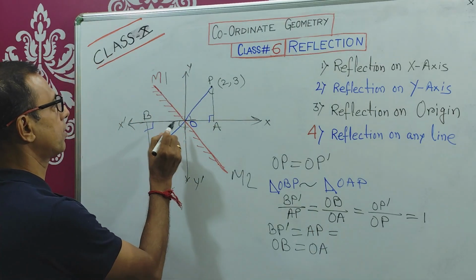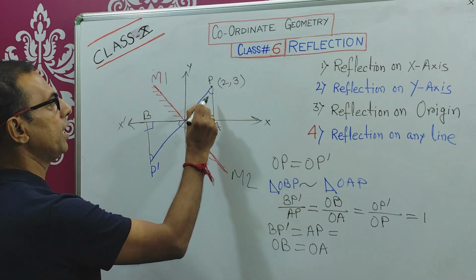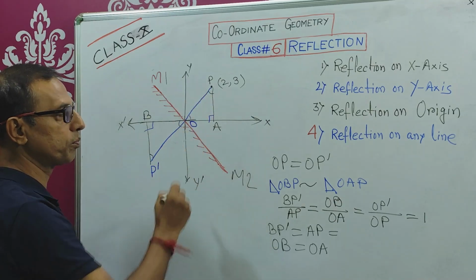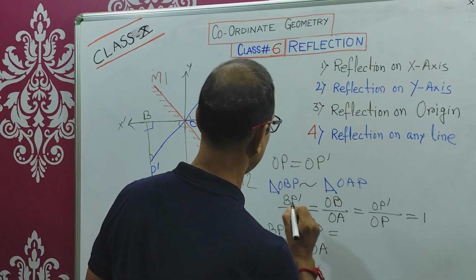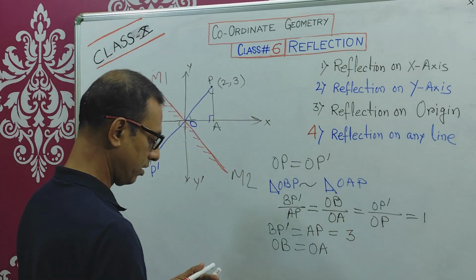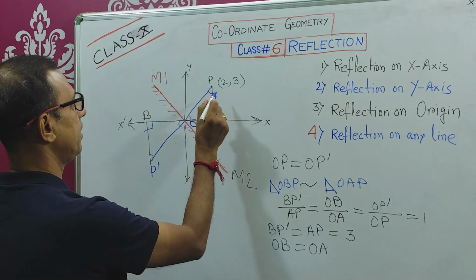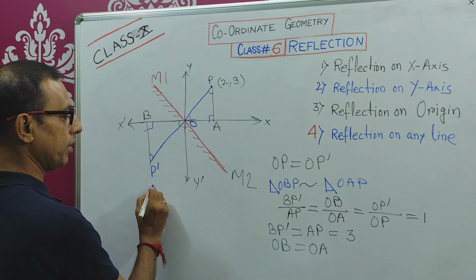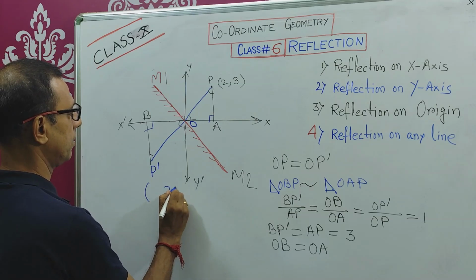Now what is BP dot? BP dot we don't know, but AP we know. If you plot these points on the graph, AP is 3 units, so it is 3. We don't know the sign as of now. AP is 3 means BP dot is 3, so the y coordinate of this point is 3.